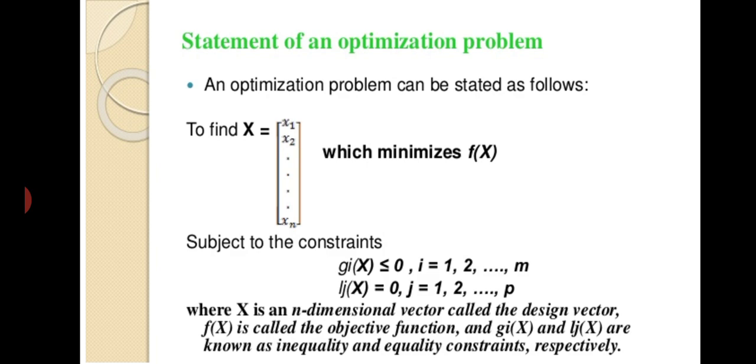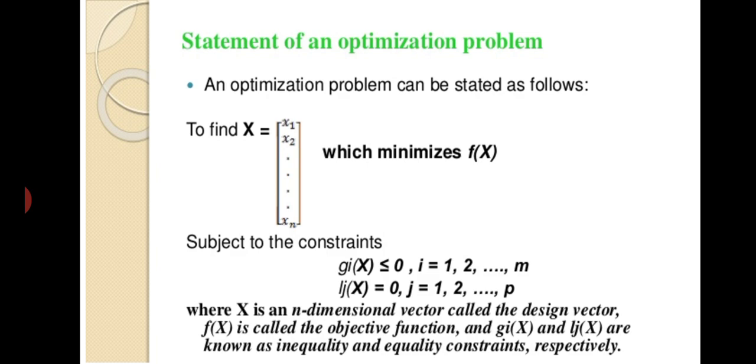So now we are starting with the statement of the optimization problem. As we have already discussed the different types, an optimization problem basically consists of one objective function, which is defined with respect to all the variables.